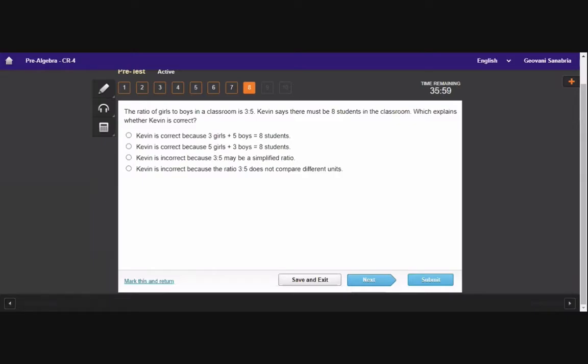This is an interesting one. Well, I divided the 3 over 5, and it's like 0.6. I don't know. The ratio of girls to boys in the classroom is 3 to 5.